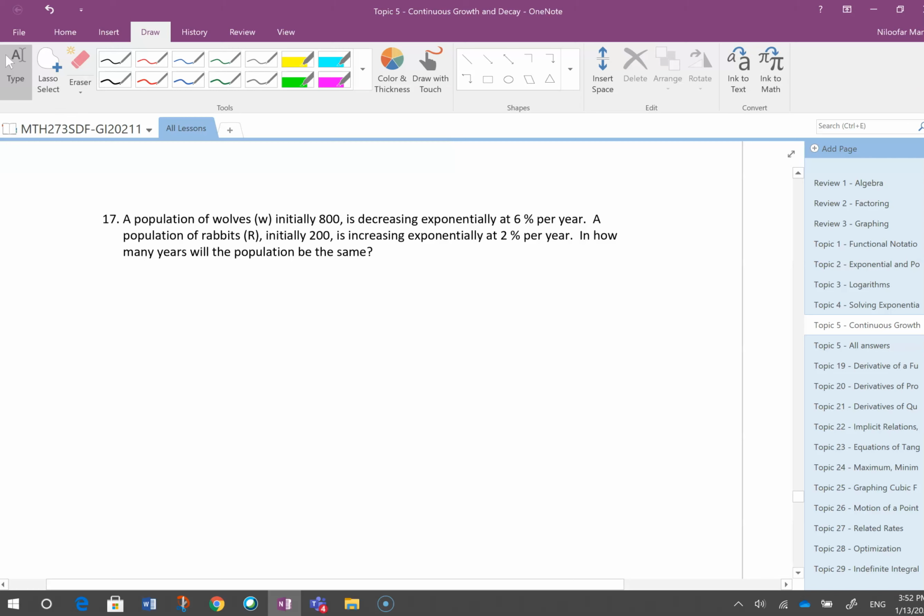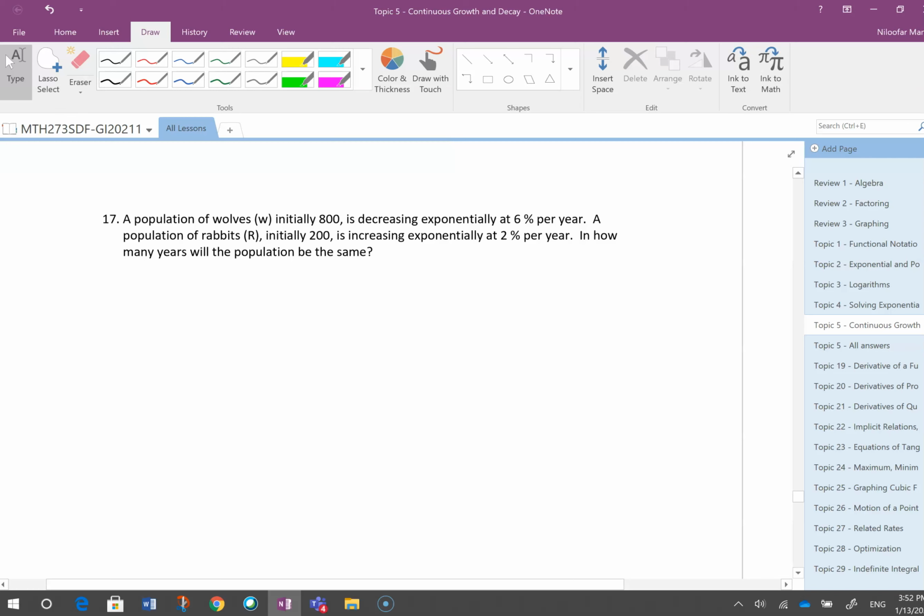So I have ln 4 equals 0.08t, and t is ln 4 divided by this, which is 17.32 years.